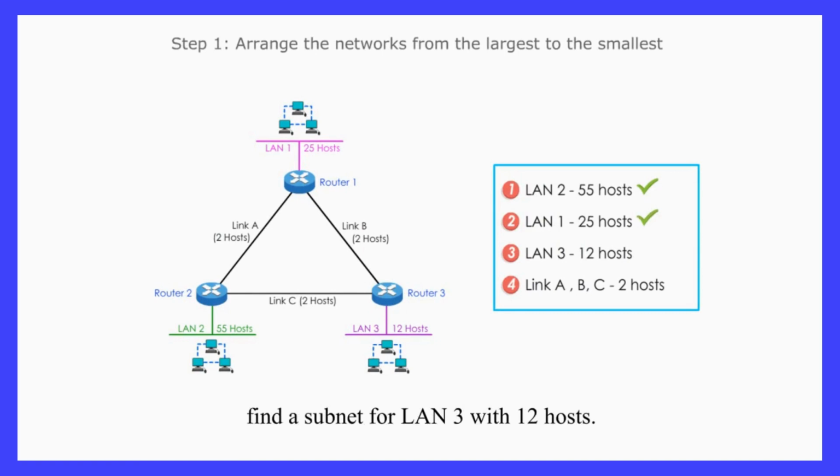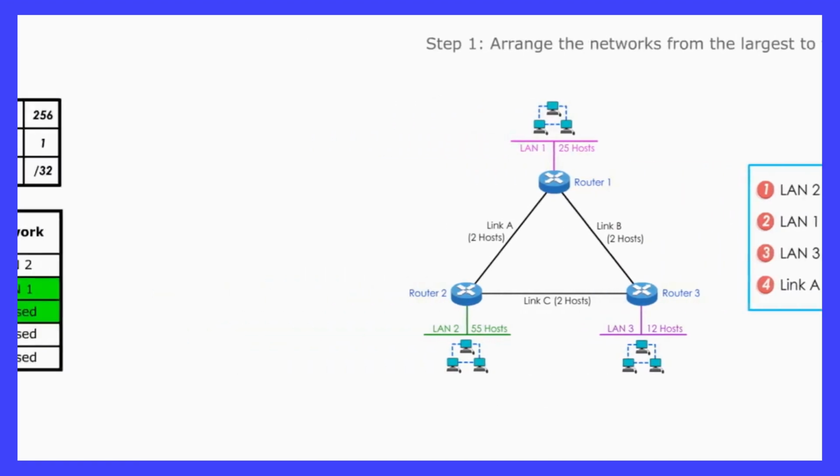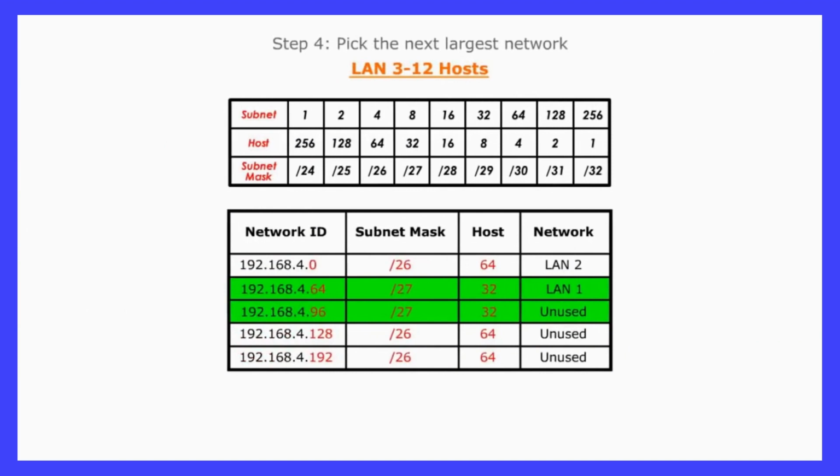Find the subnet for LAN 3 with 12 hosts. This step repeats the process above. Let's look at the second row in the table. We are looking for the minimum number of hosts which can satisfy LAN 3 with 12 hosts. 16 is the number. We circle 16 and the whole column.